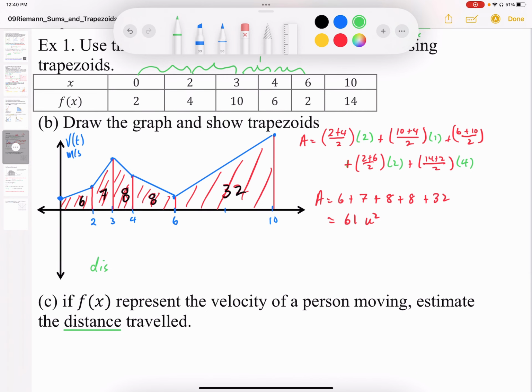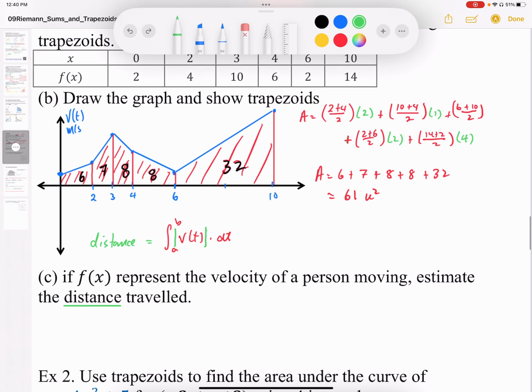Distance is equal to the area underneath a velocity curve, v of t, from A to B, but to make it a distance, we want to make sure that all the velocities are positive. Okay, in this case, the velocities are all positive, so we don't have to worry about any negative terms in here.